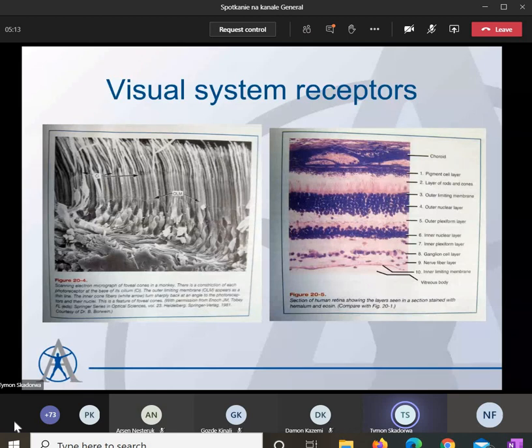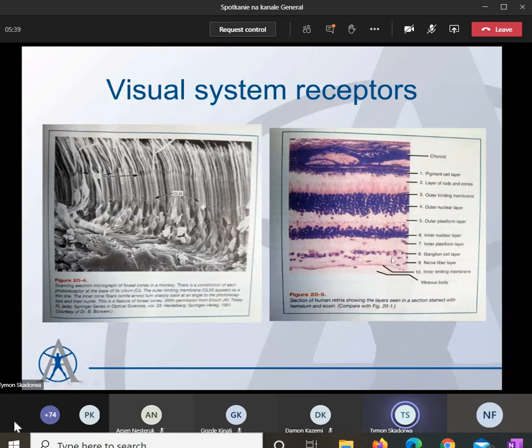So the retina is a membrane composed of neurons. And in fact, if you go to the histology department, they will tell you that the retina is composed of 10 different layers. You may see them here, like pigmented cells, like rods and cones, which are the most important for us today, and some other lining layers.